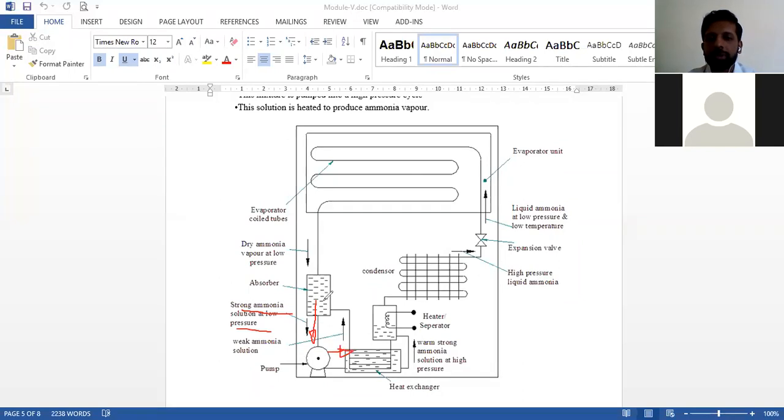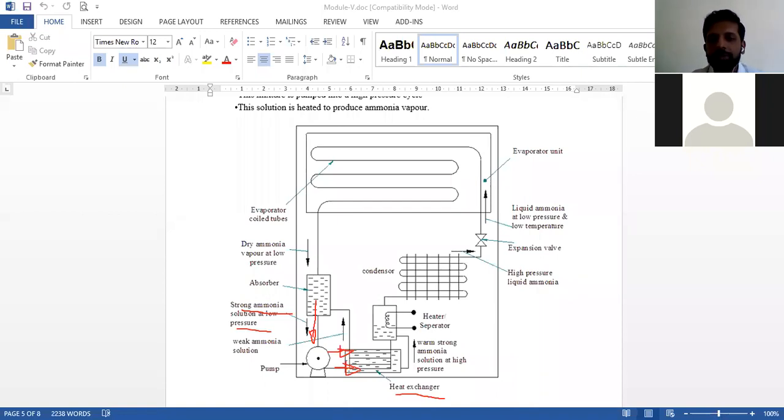Okay, this pump is going to receive the strong ammonia solution from this absorber, and it is going to send it to the next unit, which is the heat exchanger, or nothing but a condenser. Right. So in the heat exchanger, a strong ammonia solution is going to come over here.